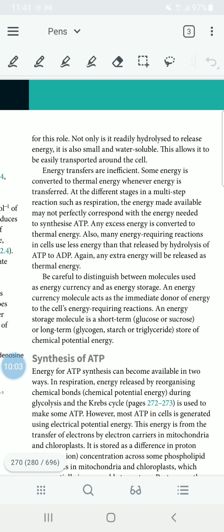Many energy requiring reactions in cells use less energy than that released by hydrolysis of ATP to ADP. Right? Many energy requiring reactions use less energy than that is produced. What that means is when ATP is converted into ADP, releasing energy, we say that 30.5 kilojoules of energy is released per mole.